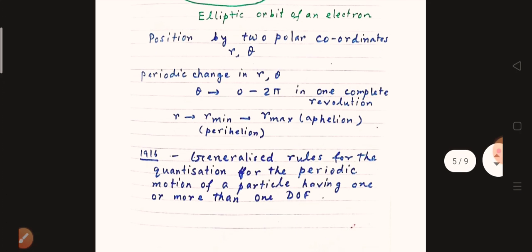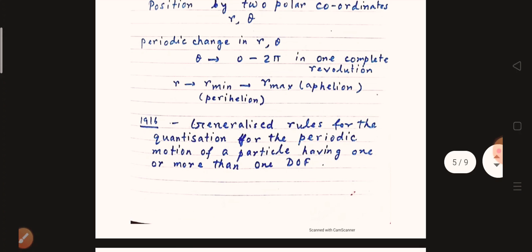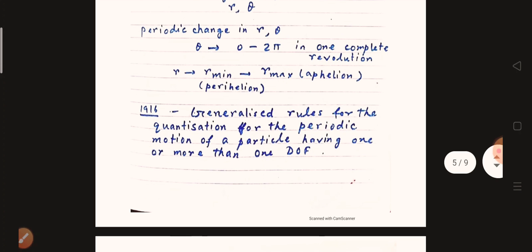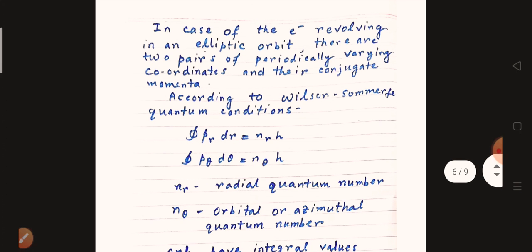The closest position is known as perihelion, and the maximum or farthest position is known as aphelion. Now in 1916, Sommerfeld found the generalized rule for the quantization of the periodic motion of a particle having one or more degrees of freedom. In the case of the electron revolving in an elliptic orbit, there are two periodically varying coordinates and their conjugate momenta.